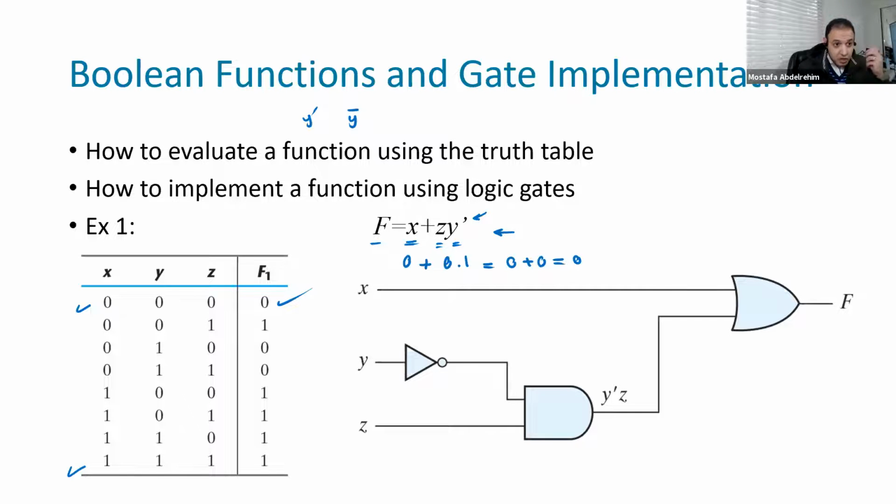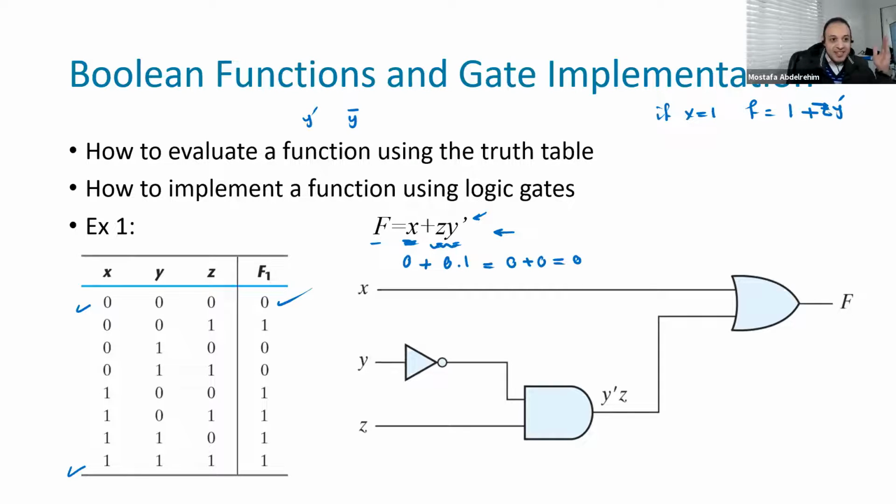But I want you to be smarter. Basically, f is equal to x plus z y bar. If x equals 1, then f will be equal to 1 or z y bar.